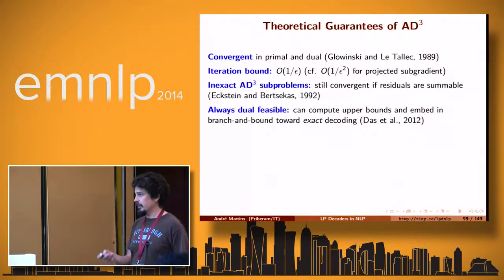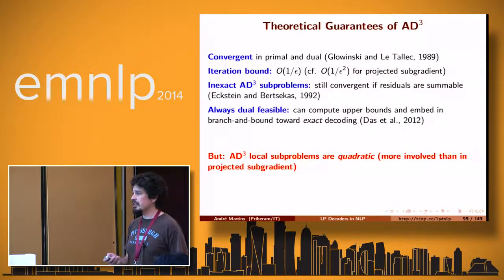And finally, the lambdas that are estimated in each iteration are always dual feasible. So we can use those estimates to compute upper bounds, and you can use that fact to develop algorithms for exact decoding. And we did that recently in a paper where we applied this for frame semantic parsing.